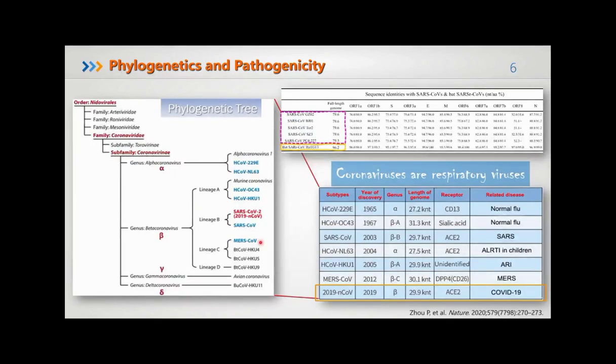The seven coronaviruses that can infect people are labeled in either blue or red.